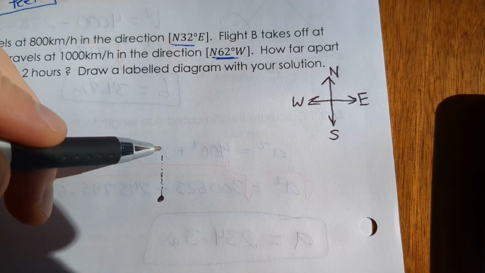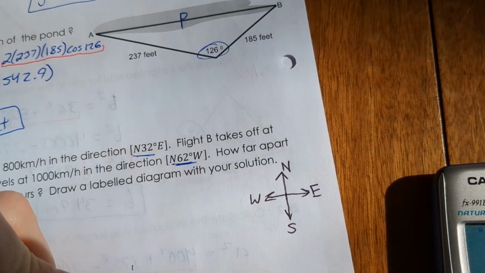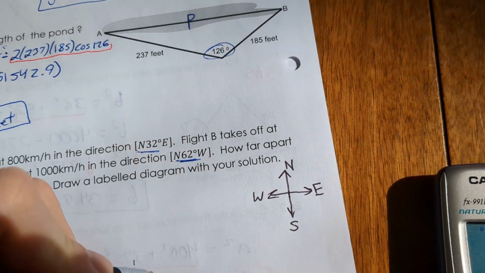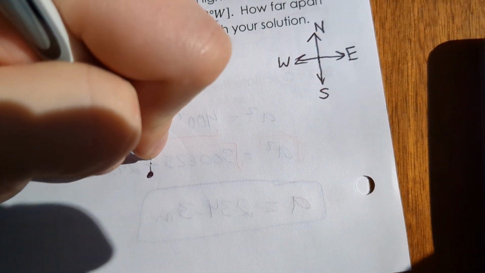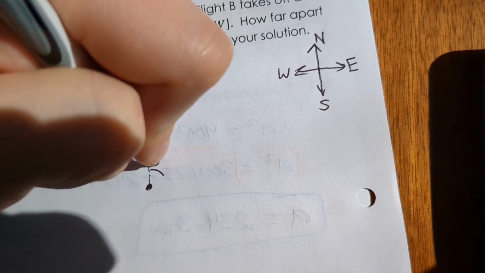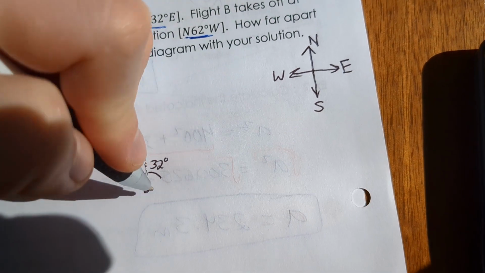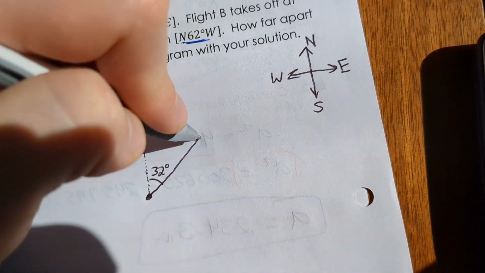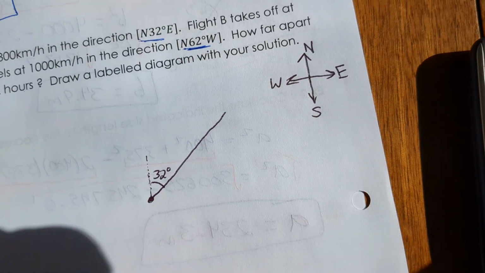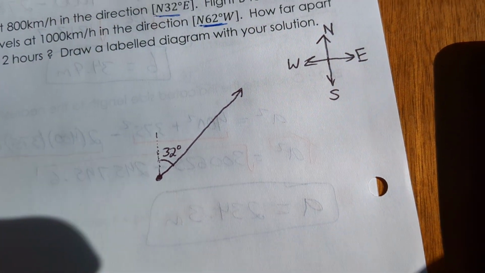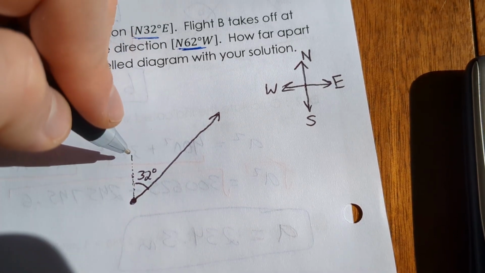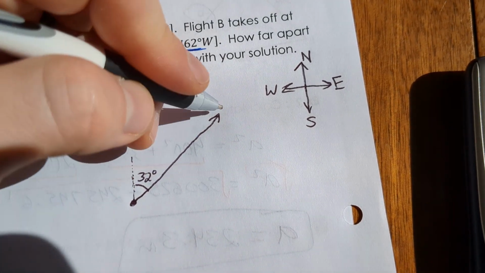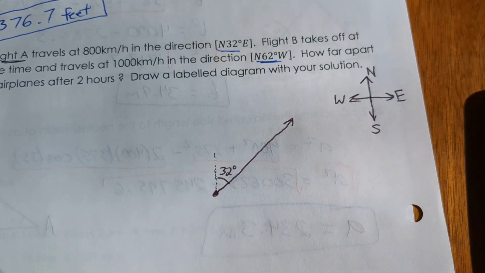But if you're looking towards the north, and then you're heading 32 degrees east, it looks something like this. So our plane is going this way. So this is north, this way is east. We're going north 32 degrees towards the east. Okay, so that's what that looks like.